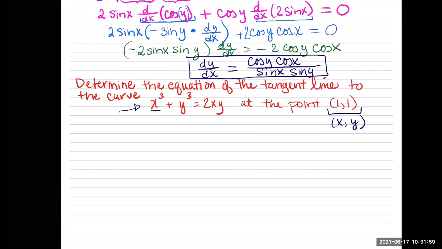Okay, so when we take the derivative of x to the third, there's no y in that term, so it looks normal, right? We know the derivative of x to the third with respect to x is 3x squared. Plus, we have to take the derivative of y to the third. Can you guys tell me what the derivative of y to the third is with respect to x?